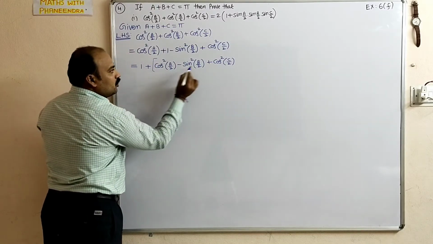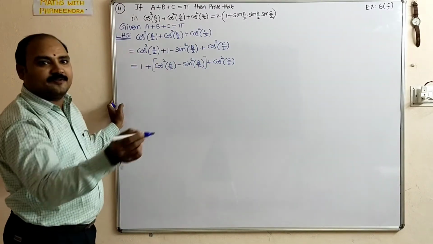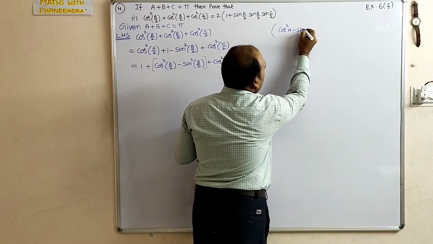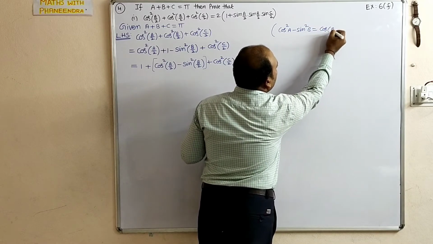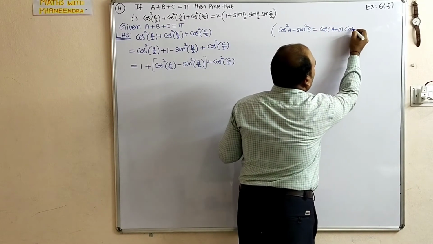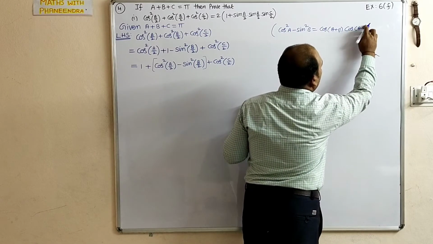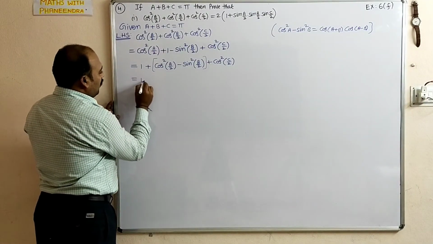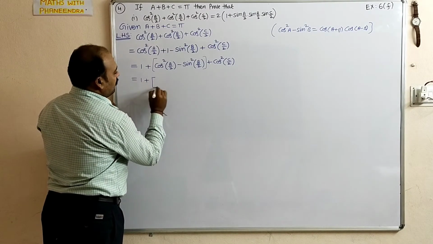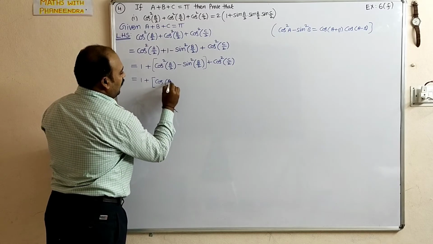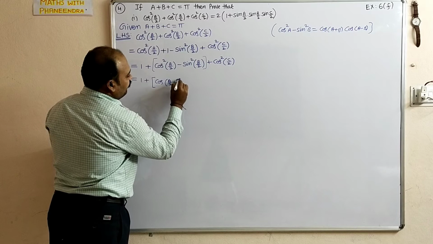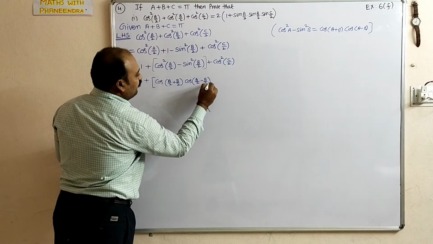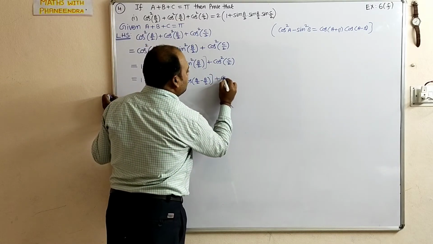So for this value you have to apply the formula: cos square A minus sin square B is equal to cos of A plus B into cos of A minus B. So in place of A, B, what values are there? A by 2, B by 2. So it becomes 1 plus cos of A by 2 plus B by 2 into cos of A by 2 minus B by 2 plus cos square C by 2.